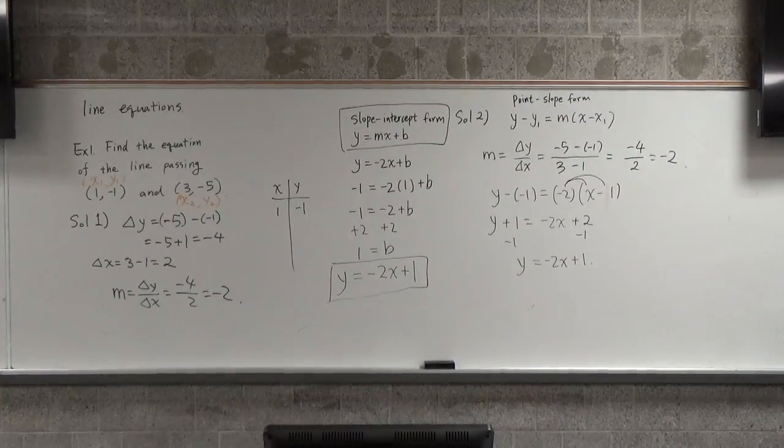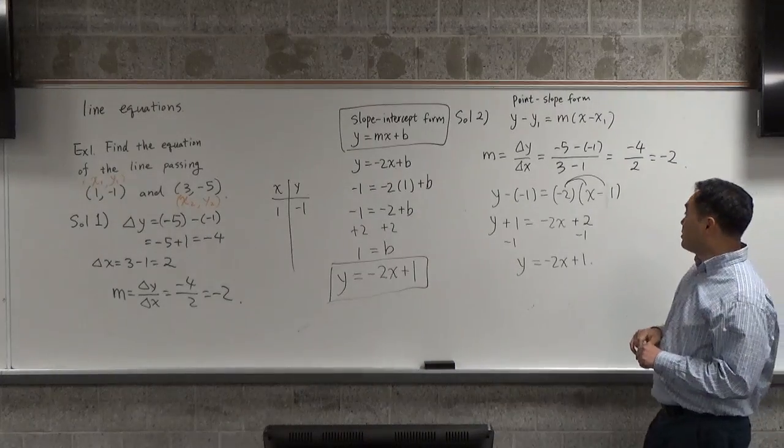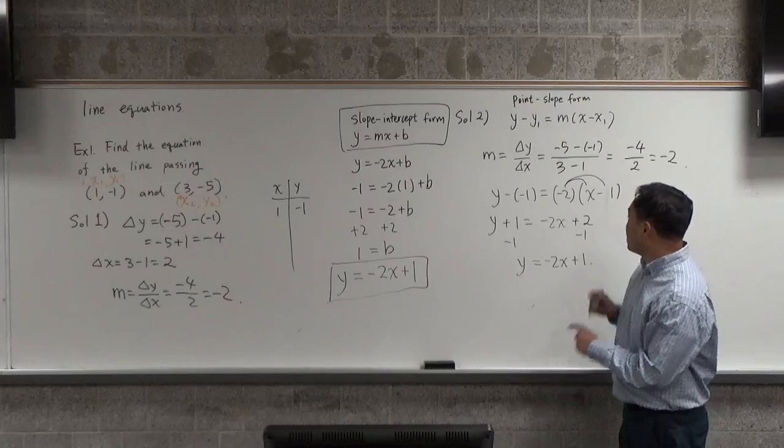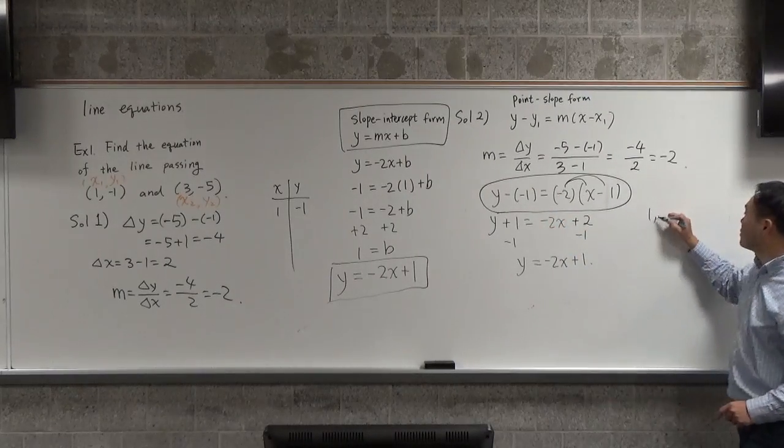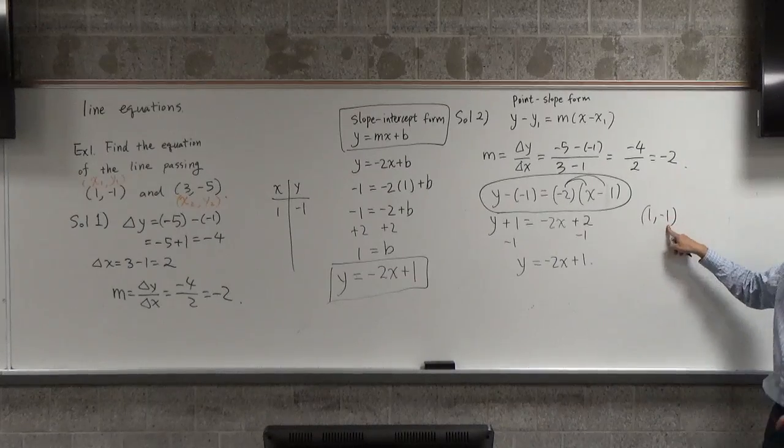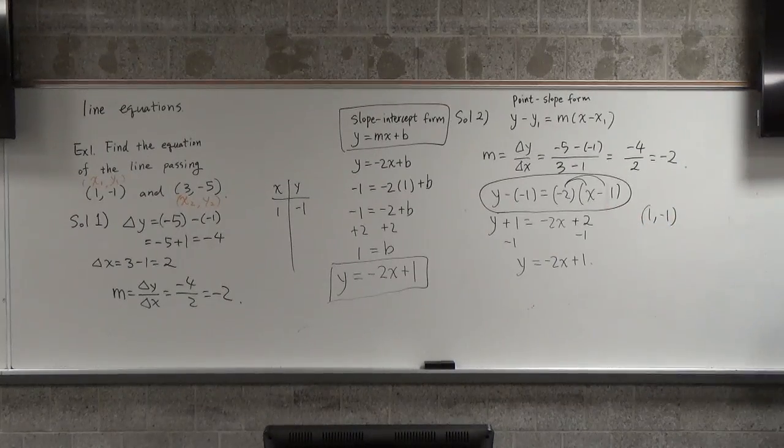Now, some discussions. How do you know that this equation right here passes through 1 comma negative 1? How do you know that 1 comma negative 1 is on this graph? Yes? Because 1 minus 1 is 0.